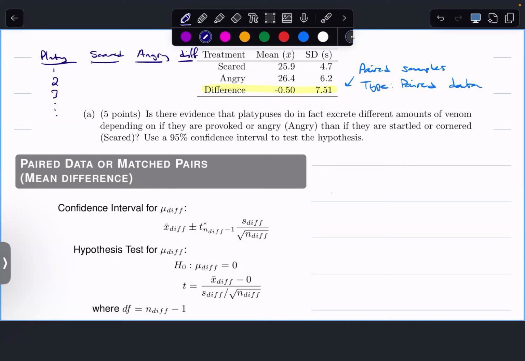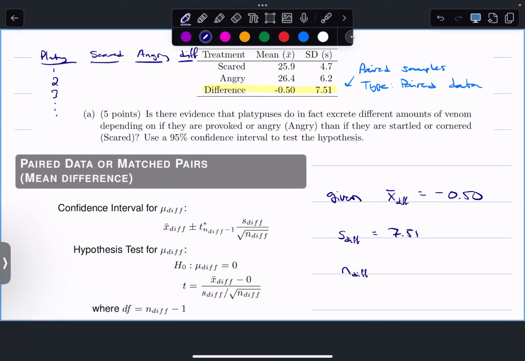So we're given the x bar of the differences is negative 0.50, and s of the differences is 7.51. How many differences?